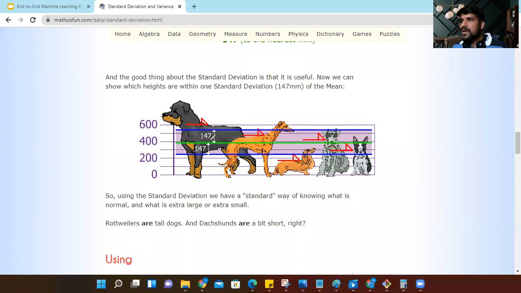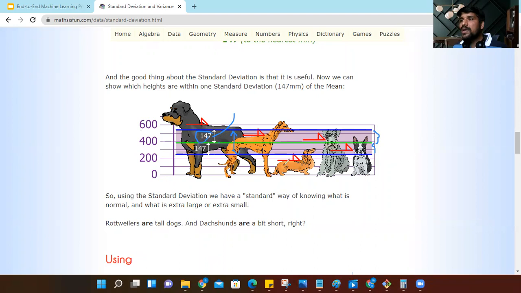if I want to put this into the graph, I understand that from the mean, if my data falls in the 147 range, this much of the data is within it. 147 is what? It is my standard deviation. So this is the range where my maximum height is.